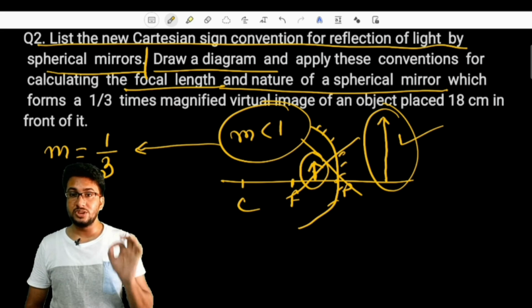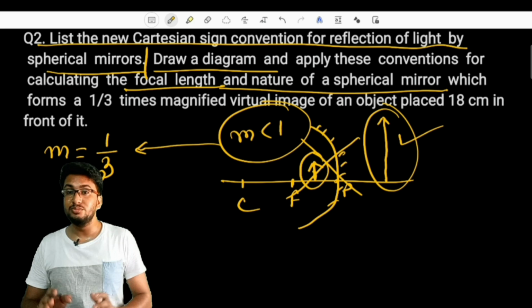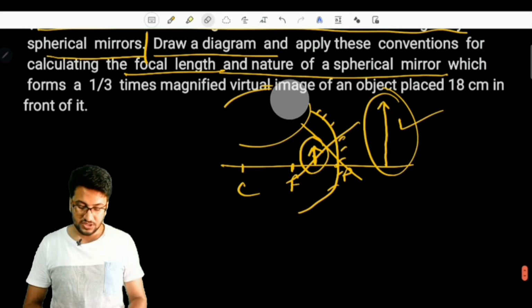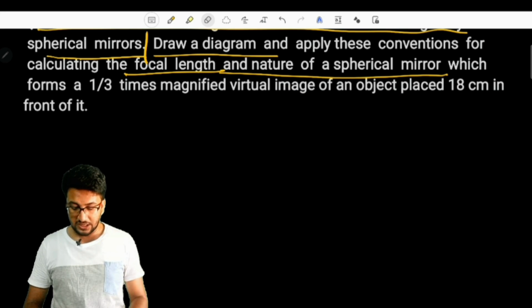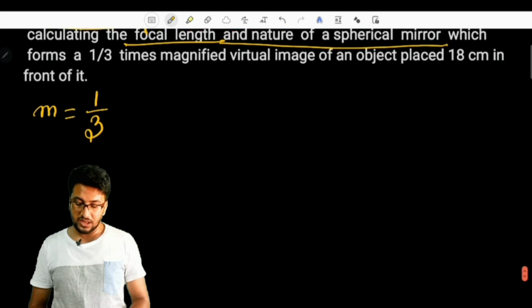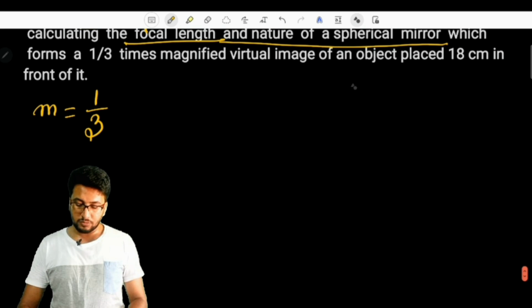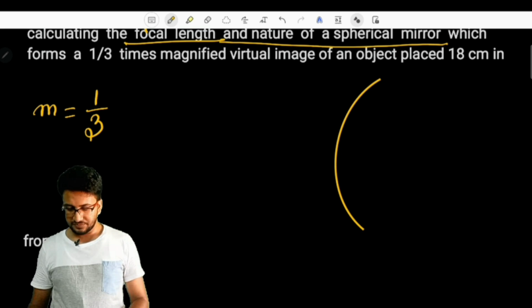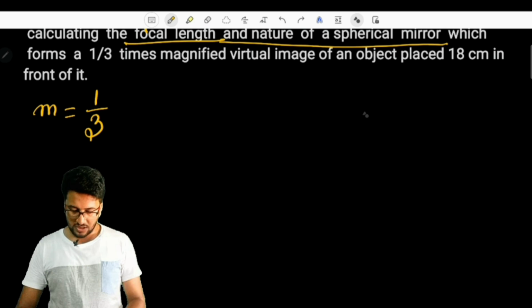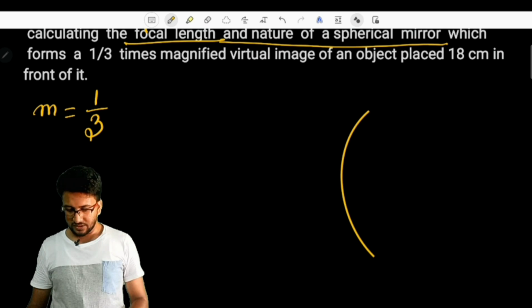So very smoothly you need to point out which mirror to consider suitably for our numerical. You have to decide, and you have to practice a little bit for that. So magnification is equal to 1 by 3, okay. And what kind of mirror do we have to assume? We have to assume the convex mirror here, okay.